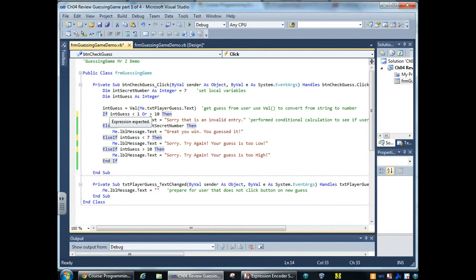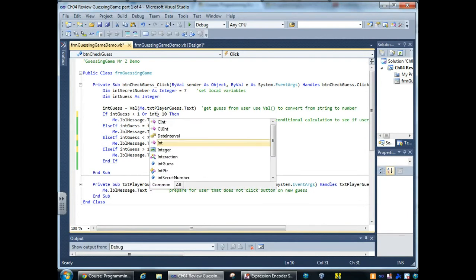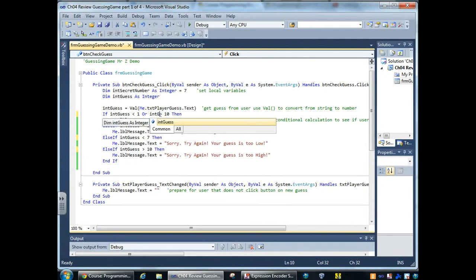A lot of times beginning programmers look at that and they don't understand what it means. The thing is, the program just doesn't understand that you're talking about guess on both sides of that operator, so you do have to put the full expression on both sides of that. All right, that's just a little bit about some Boolean operators for you there.